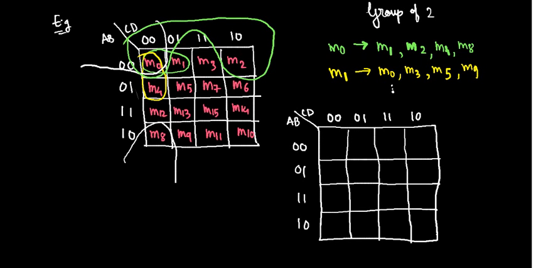I'll label this again. M8. Now you make a group of four variables.